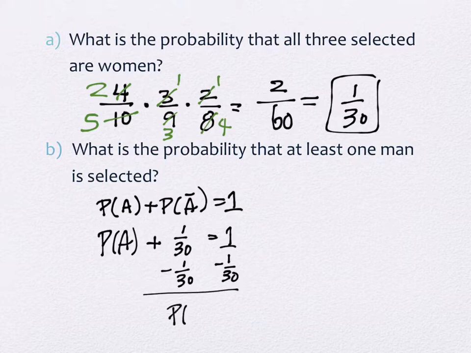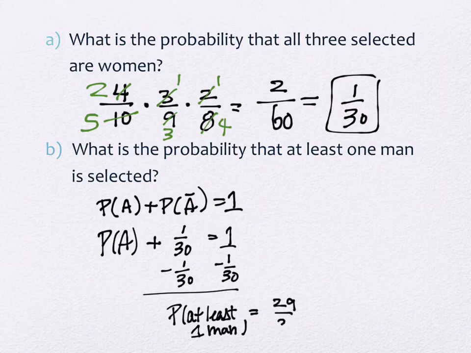What is the probability of at least 1 man going? Yeah, it's 29 out of 30. Probably going to make fewer mistakes if you go that route too, because there's fewer steps. Sound good?